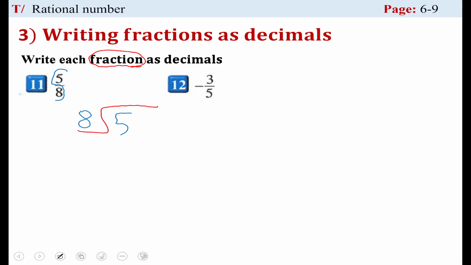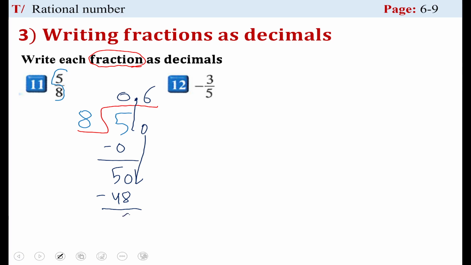How many 8 in 5? Nothing. 0 times 8, 0. It's going to be 5. There is a remainder. Bring it down to 0. How many 8 in 50? Let's say I can say 6. 6 times 8, 48.